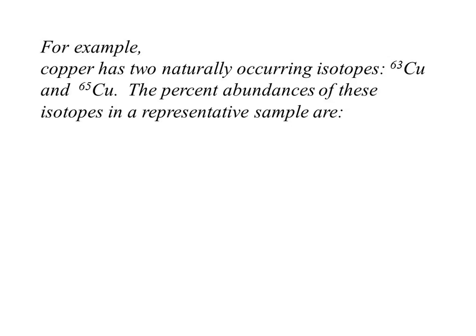So this one has 29 protons, and 63 minus 29, it has 34 neutrons, perfect. And this one also has 29 protons, and it has 2 more, 36 neutrons. Do you buy that?